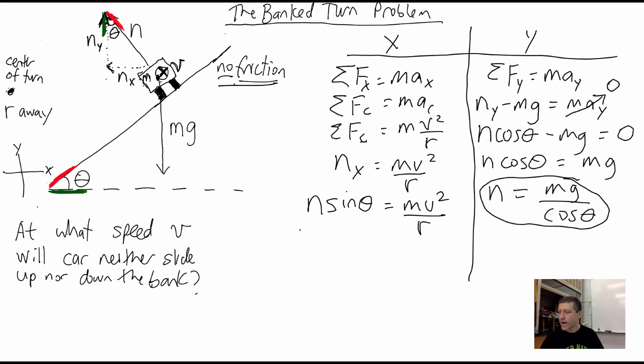For N, I'm going to write mg over cosine theta, that's N, times sine of theta equals mv squared over r. And this is another example of why you never want to plug in any numbers until the very last minute. You're going to be crunched for time on this exam.